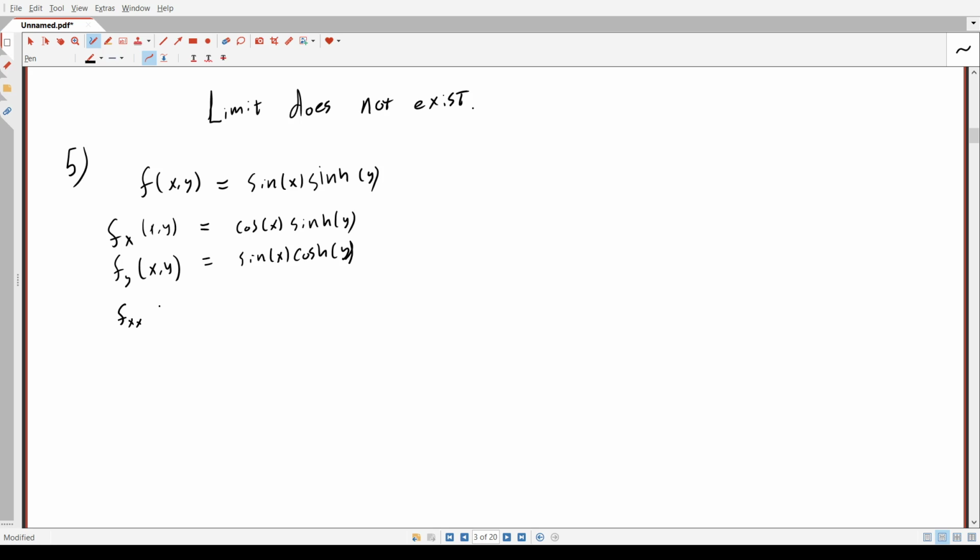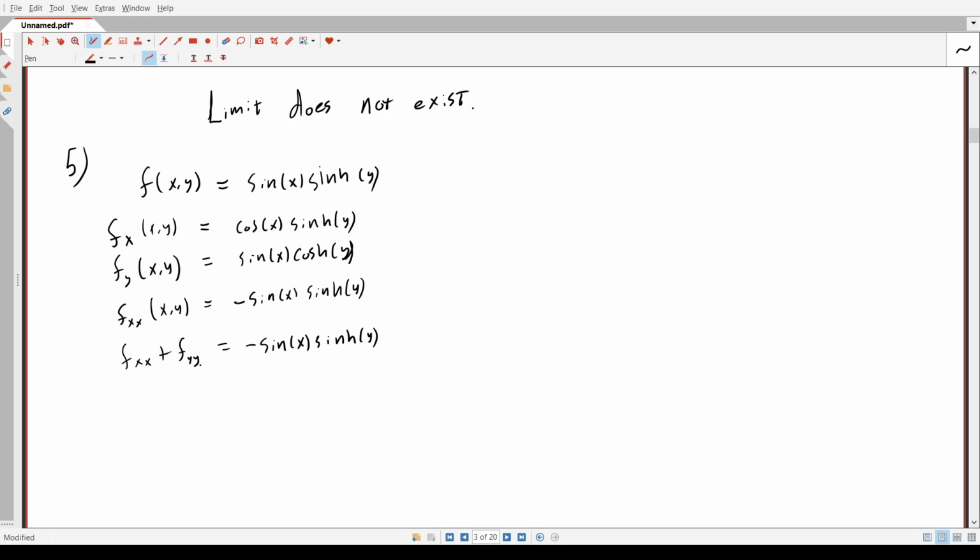The second derivative with respect to x, so that's the x derivative of this second one right here. The derivative of cosine is negative sine. This hasn't changed. It's just a constant with respect to x. And then finally it says compute fxx plus fyy. So I'm just going to copy this down, minus sine of x sinh of y.